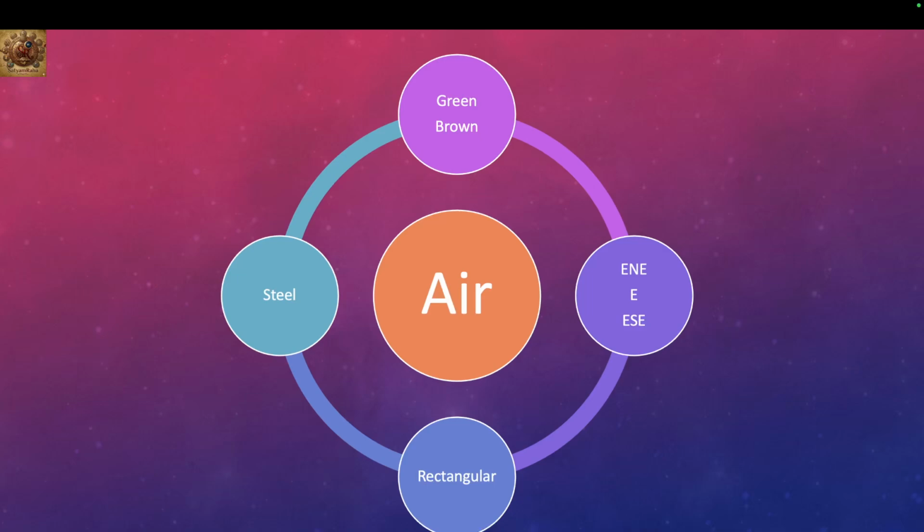East of northeast, east, and east of southeast, these three directions are ruled by the air element. Rectangular objects, anything rectangular, is ruled by the air element. And the metal represented by the air element is steel. So any object made of steel is related to the air element.